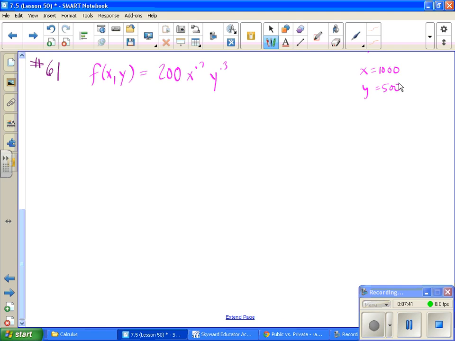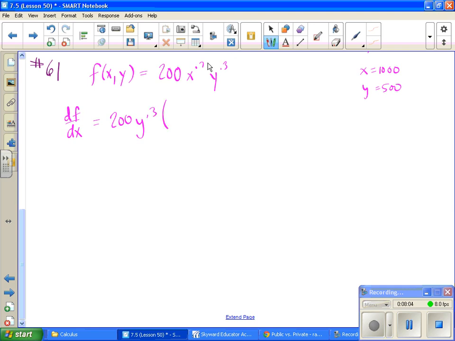So find the marginal productivity of labor. So we're trying to find the derivative with respect to x. So if I'm finding the derivative with respect to x, what's constant in this problem? The 200 y to the 0.3 is constant. So that comes out front.